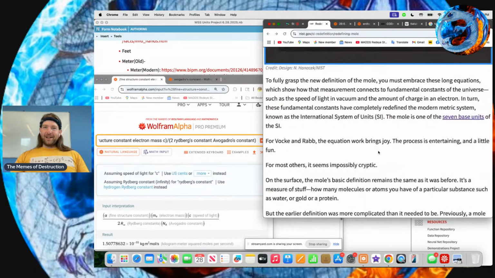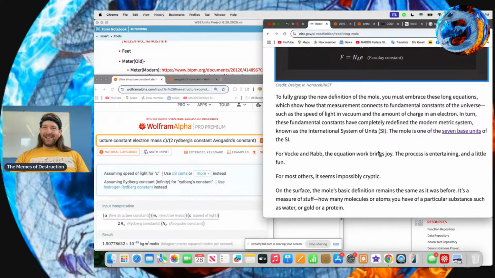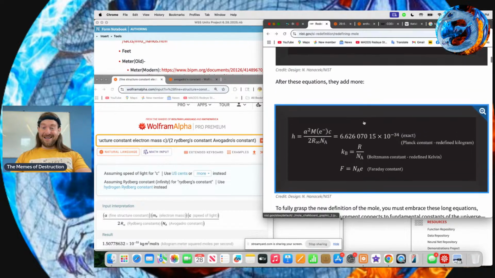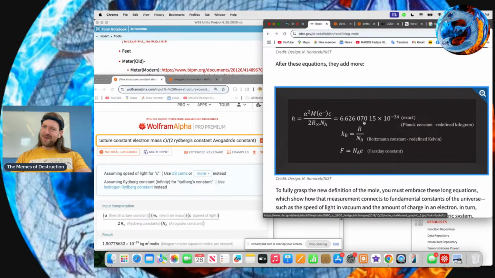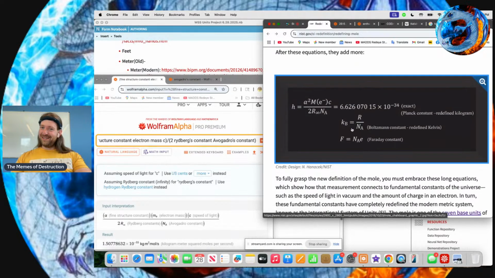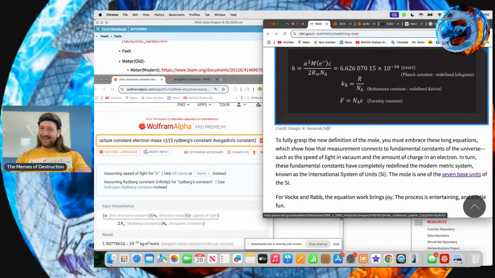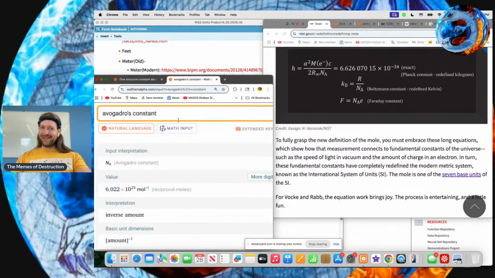Okay, to fully grasp the new definition of the mole, you must embrace these long equations which show how measurement connects fundamental constants of the universe, such as the speed of light, the vacuum, the amount of charge, and electron. Oh! Is that supposed to be the charge of the electron? Or is that just a mole? Oh, I think that's a mole. I did that wrong. Okay, hold on.